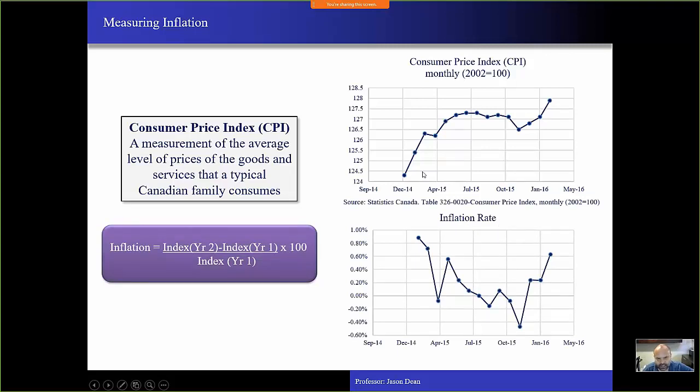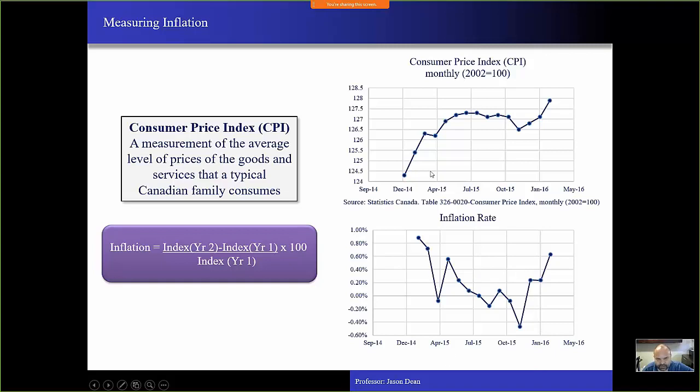So we can see here that when we have the consumer price index increase fairly quickly like this, the inflation rate's going to be quite high. But if we look at these two points, we see that it's actually going to be negative because this value is less than this value. So when we calculate inflation here, it's going to be negative, and that would be this point here. So this is how inflation progressed over these months and years, and this is the graph of the consumer price index.